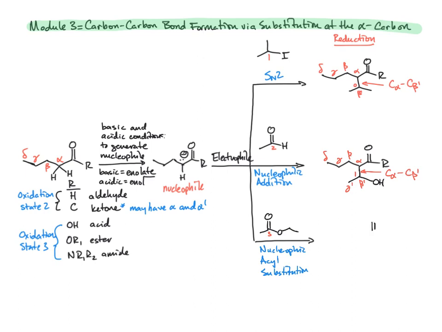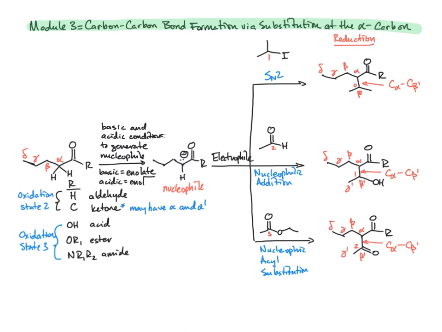And again, the product of this will be the following: alpha, beta, gamma, delta. The new bond we form is here. We're doing a reduction, so the ester now becomes a ketone. We put in the rest of those carbons. We have beta prime, gamma prime. Now the oxidation state at beta prime is 2. And again, this is the new bond we formed, C alpha to C beta prime.